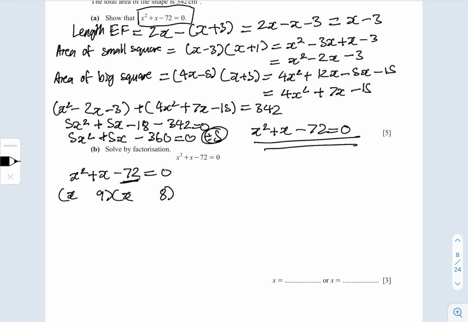But one has to be positive, one has to be negative to get this negative sign. So 9 is positive, 8 is negative, because 9x minus 8x gives you 1x. So it's correct. Therefore, x equals minus 9 and x equals 8, which is the final answer for part B.